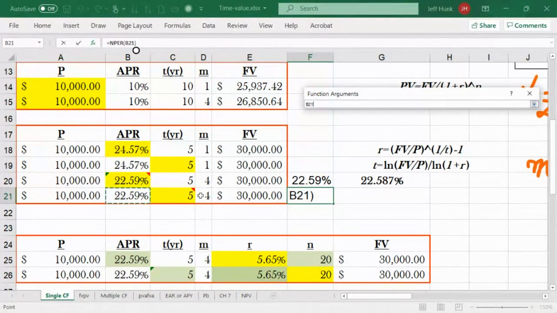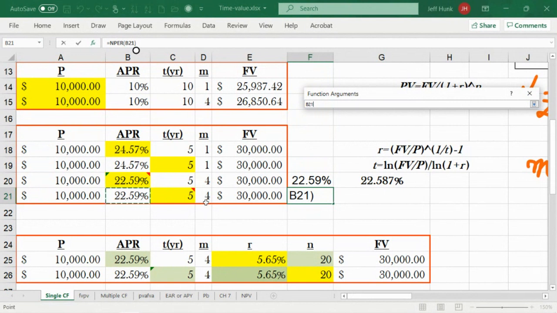But it's quarterly compounding, so you have to be flexible. Your mind should be flexible to be able to make adjustments for a different context. So here, if you just enter this as the rate, then you're wrong because you're not thinking.